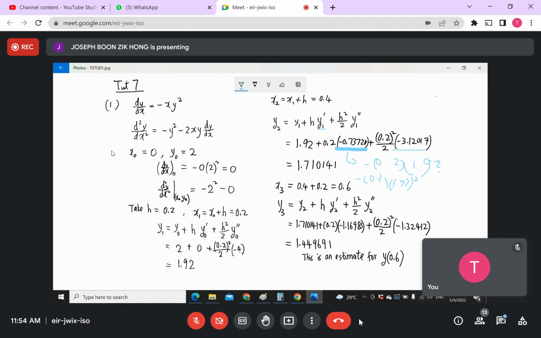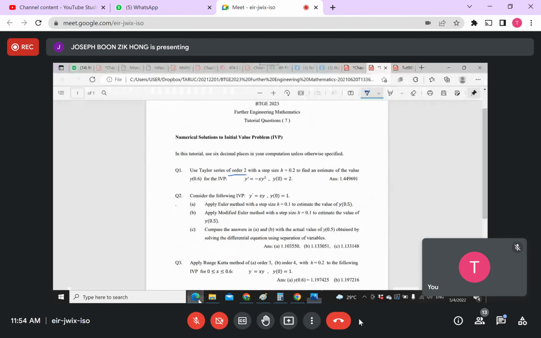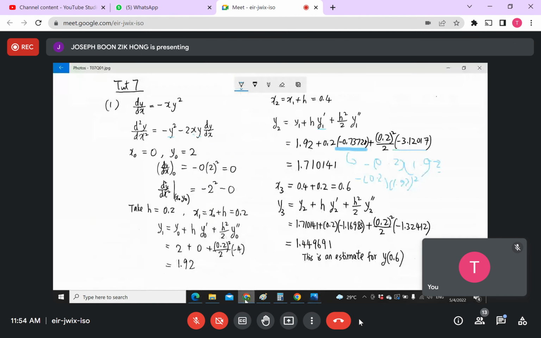And then this one you plug in y as 1.92, x is 0.2, and then your dy dx is just now what you get, 0.73728, you plug in here, then you will get the answer of negative 3.12017. Get the answer.